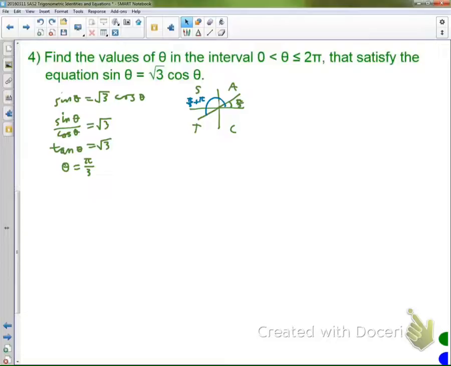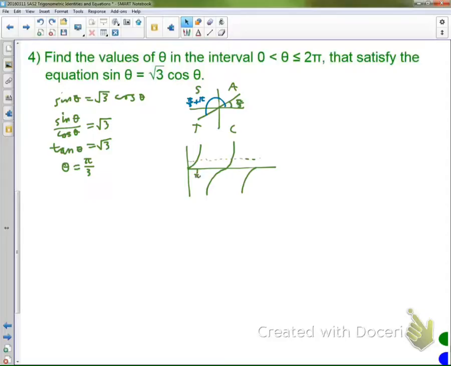The other thing we can do is draw a graph of tan, and it behaves something like this. We can see going across that for our positive value of root 3 we're going to get two answers, and one of them is going to be 180 degrees after the first, or rather pi radians after the first.